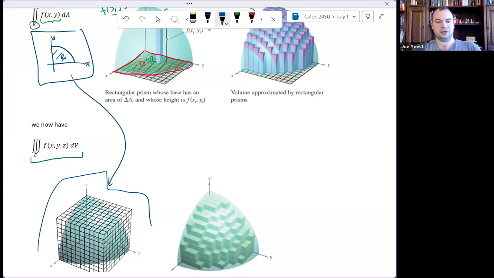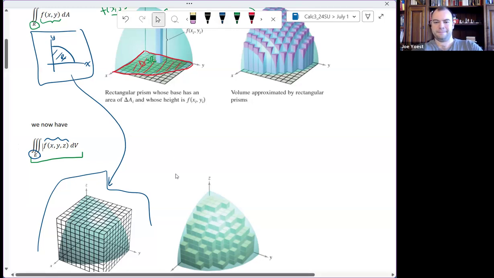We're seeing the volume of integration. We're seeing the domain, the inputs being graphed. And we're not making any attempt to graph the integrand, the function, the hypersurface or whatever you want to call it.